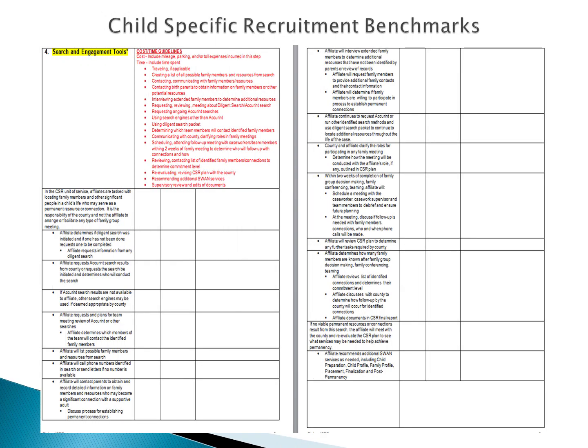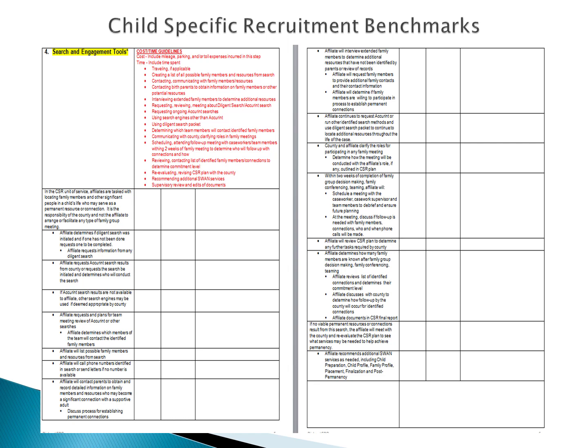Main numeric step number 4 is search and engagement tools. This bucket includes practice and travel time spent requesting, reviewing, conducting, and meeting about ongoing accurate or diligent search efforts. It also includes related activities such as creating a list of all possible family members and resources from ongoing searches, contacting and communicating with family members and other resources to obtain information, and interviewing family members to determine additional resources.